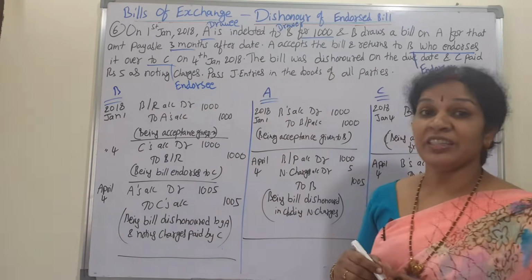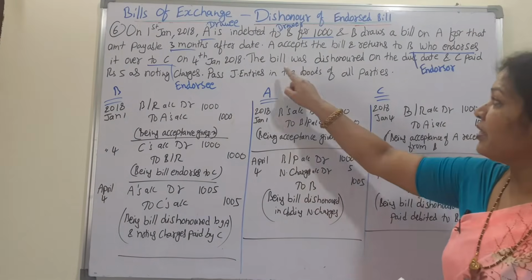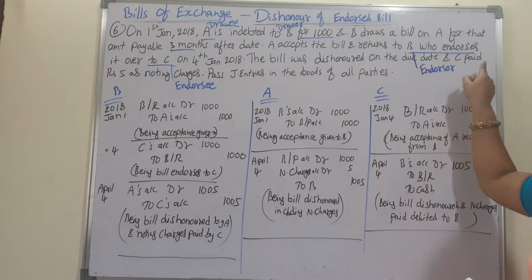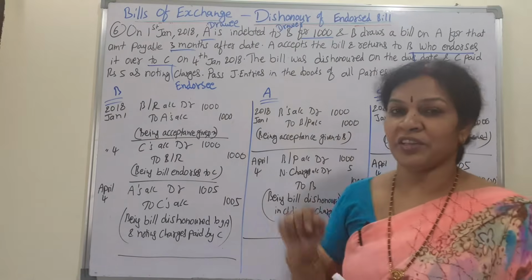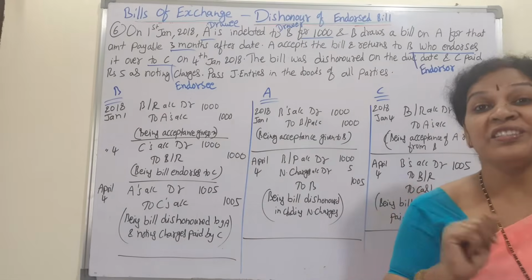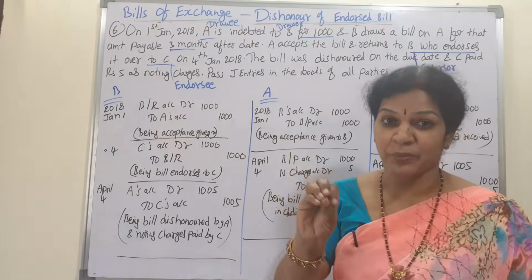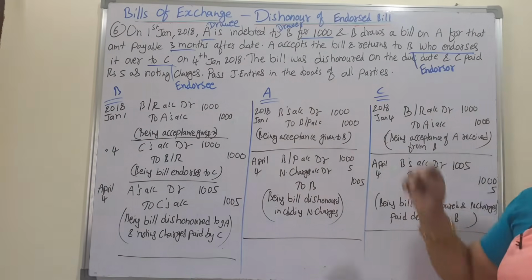He is endorsing this bill on 4th January 2018. The bill was dishonored on the due date and C paid noting charges. Endorsed bill is dishonored and C is paying noting charges of 5 rupees. Pass the journal entries in the books of all the parties.